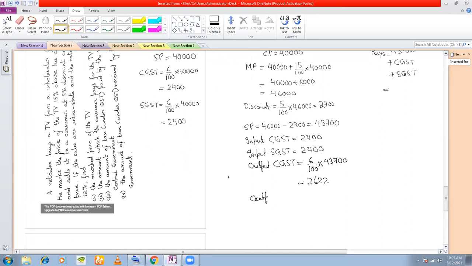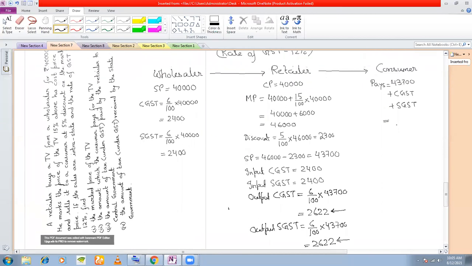And output SGST is also 6% of 43,700, which comes to 2,622. This much amount the consumer is paying to the retailer when he is buying. Therefore, how much will the consumer pay? 43,700 plus 2,622 plus 2,622. So this comes to 48,944.